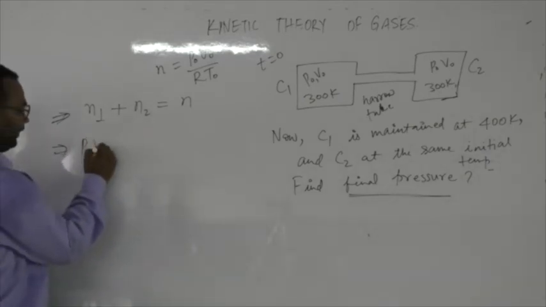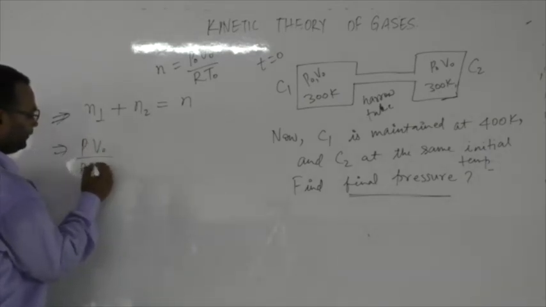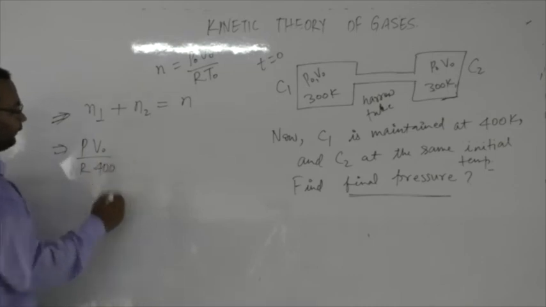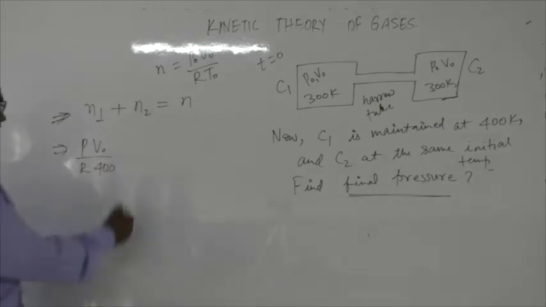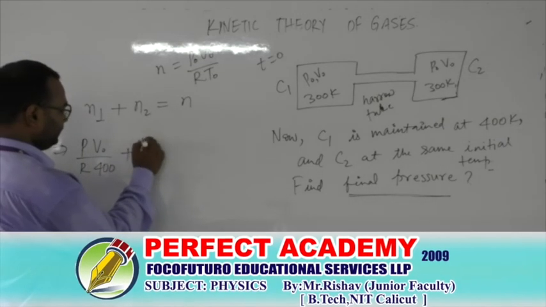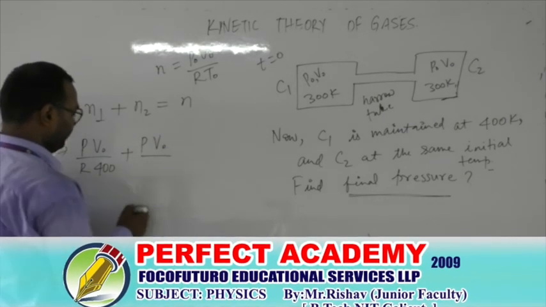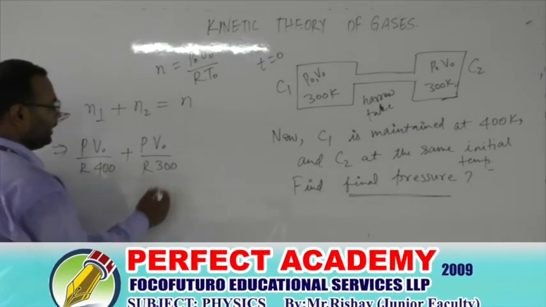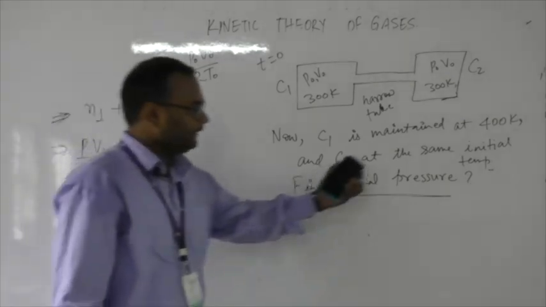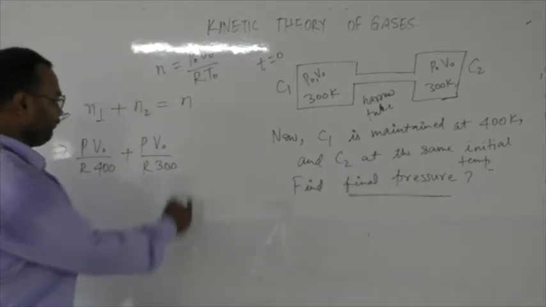So say P is the common pressure. So P V naught upon R times 400 Kelvin, for n1, since T is changing to 400 Kelvin, plus P V naught upon R times 300, because container 2 is maintained at the same initial temperature.